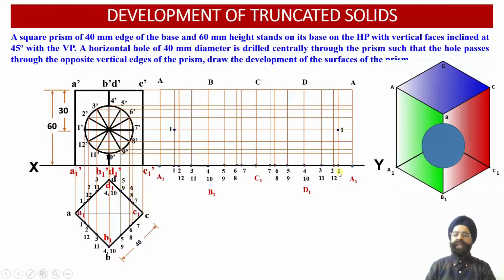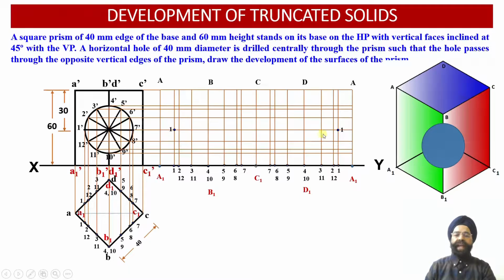So here we are going to obtain elliptical projections corresponding to the circular hole which is available with us in the front face, whereas onto this side we are going to obtain the elliptical projections corresponding to the circular hole for all of the points of intersection which are available on the rear side faces of the square prism.